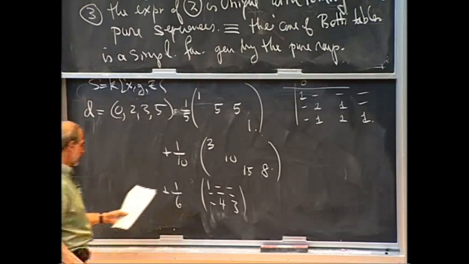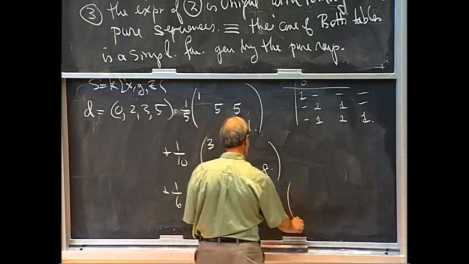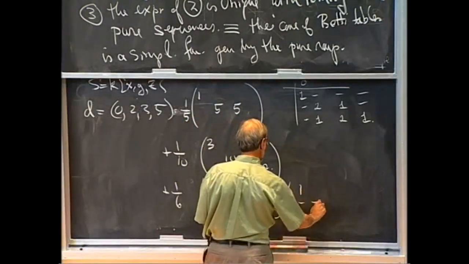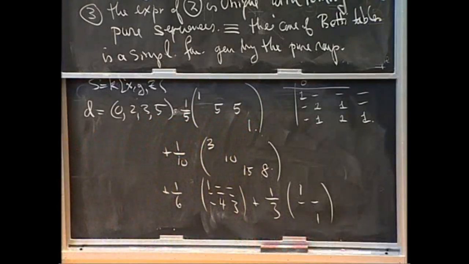That's a very familiar example. Plus 1/3 of 1, 1, a single cubic. So there, if you add that up, I hope it comes out to the right thing. It did when I last added it up, but these things change with time, so you might want to check. Anyway, that's a sort of typical decomposition.